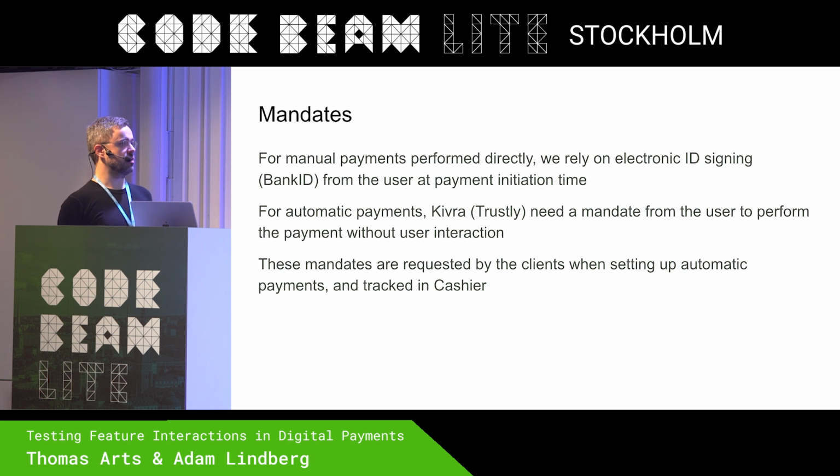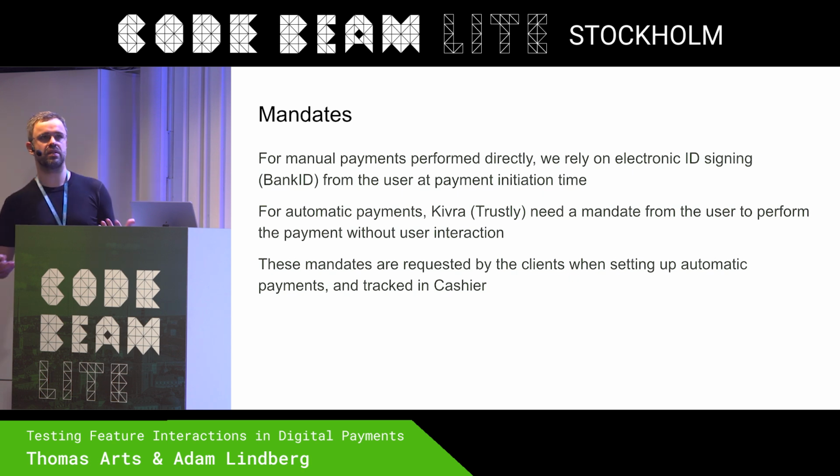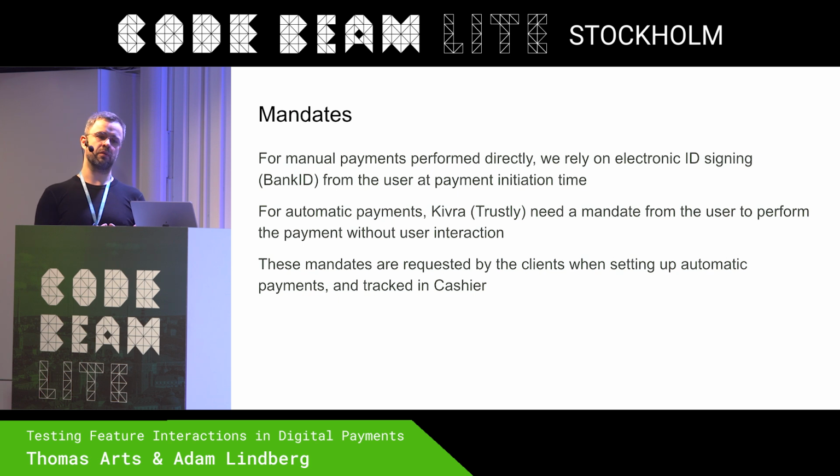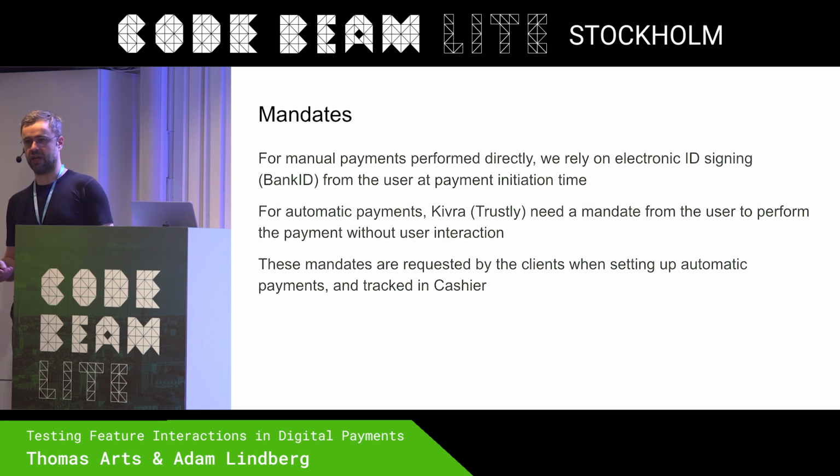So in this particular example, Thomas will go into the whole model and how we looked at this from a testing point of view, but some background information is that the automatic payments are based on mandates. When you pay an invoice manually on your phone, there is an electronic ID signing that you have to do. And then, of course, we know that you are you, and you were there, and you wanted to do this.